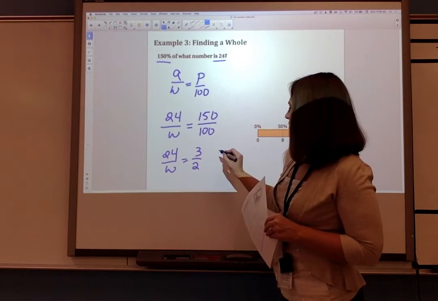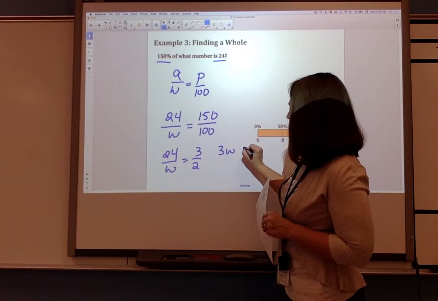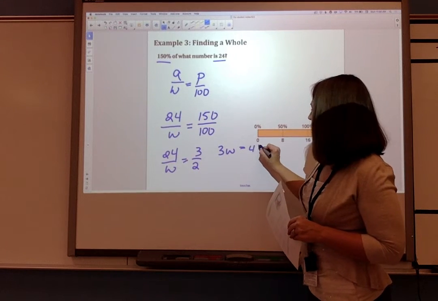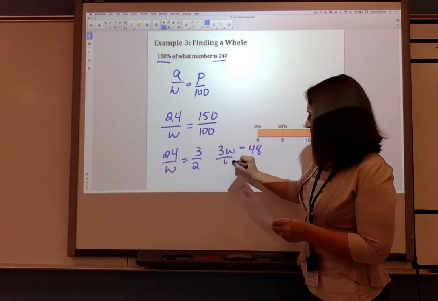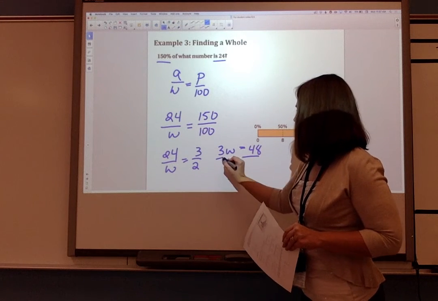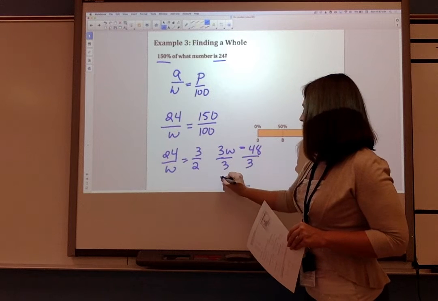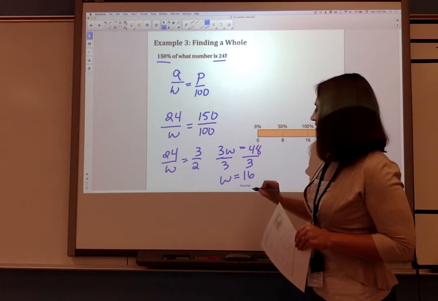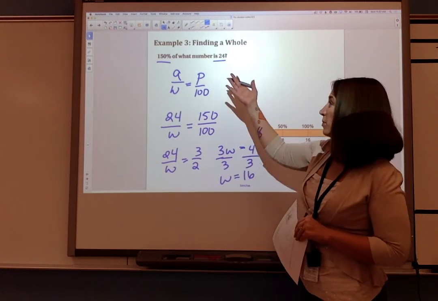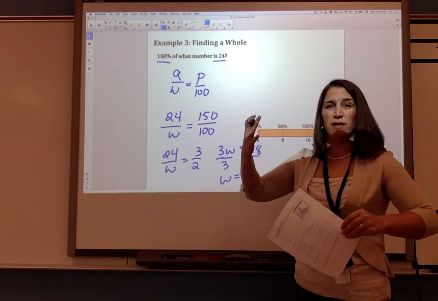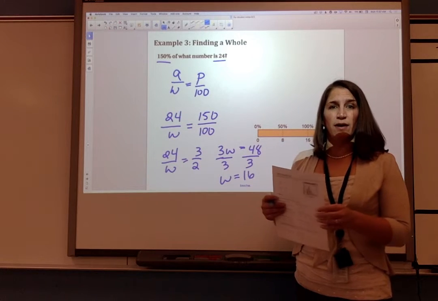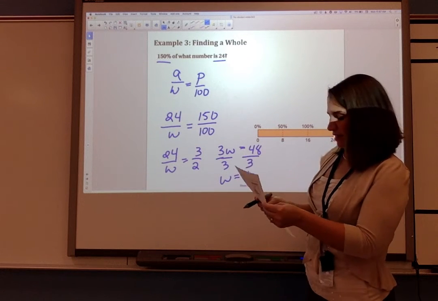So 3 times W is 3W, and that equals 24 times 2, which is 48. We'll divide both sides by 3. And we get W equals 16. So our whole here is 16. The part is 24, and that's why the part is more than 100% of that whole of 16.